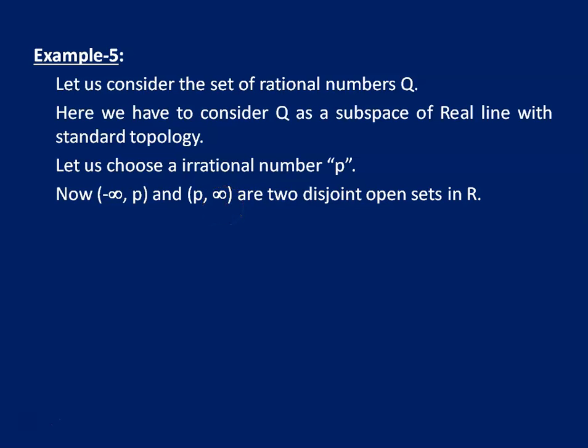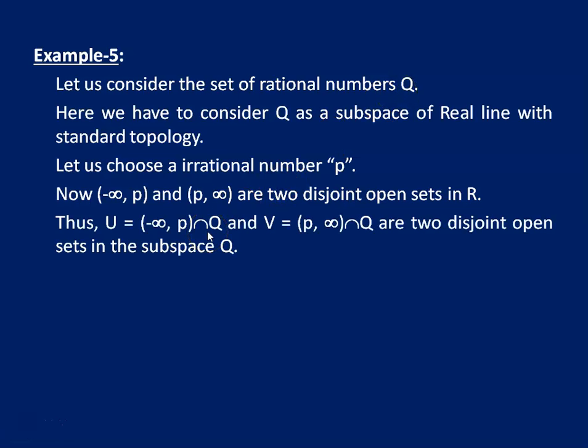Since we are considering the set of rationals Q as a subspace of R, minus infinity to P intersection Q, let us name it U, is open in the subspace topology of Q. Similarly, P to infinity intersection Q, let us name it V, is also open in the subspace.